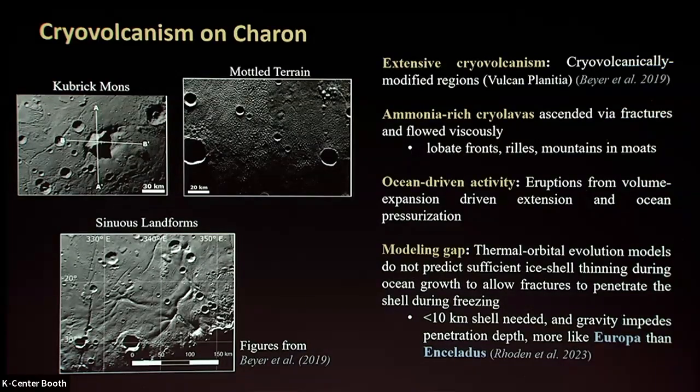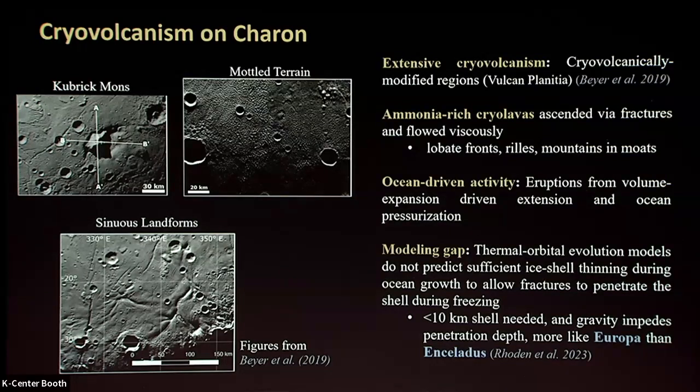So Sharon, in the thermal orbital evolution models to date, usually has tens of kilometers, maybe 100 kilometers of ice. And there's just no way that we're going to be able to fracture through that with the freezing stresses that we currently know. So this is more like the Europa case where you have a fairly shallow fracture compared to the thickness of the ice shell, as opposed to Enceladus where we think it cracked all the way through.